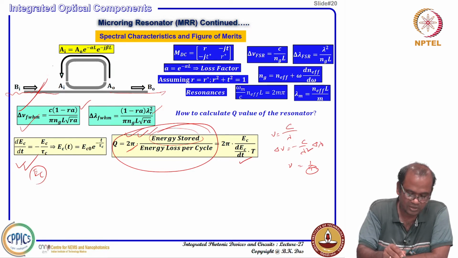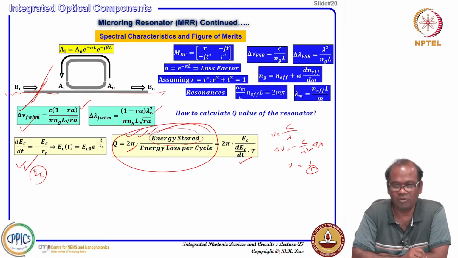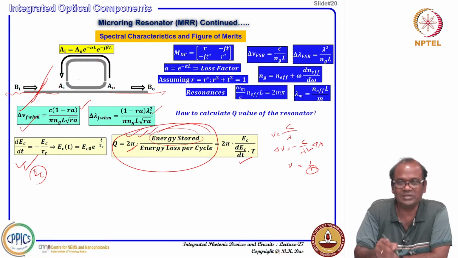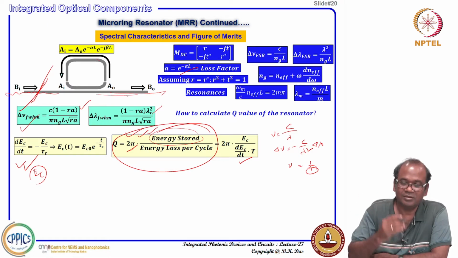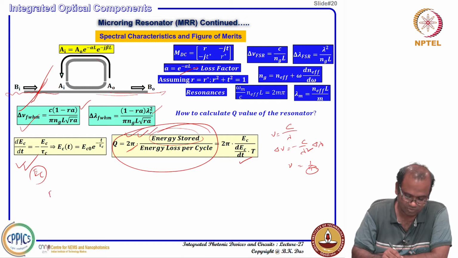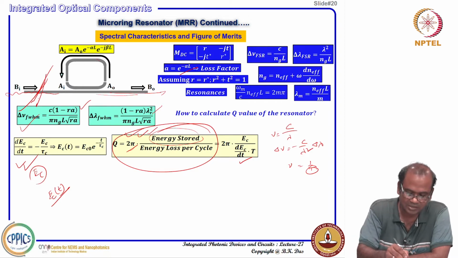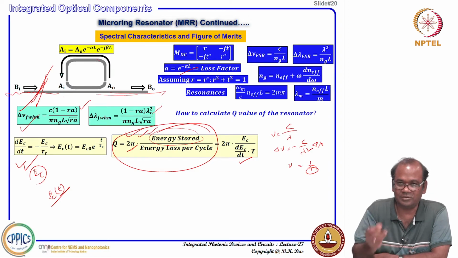You consider that this is suddenly stopped, then what would happen? The stored energy inside the ring will start losing because of the loss and also coupling to the bus waveguide again. So, slowly it will start losing. If EC is the cavity energy as a function of time, then at the instant you cut it, the energy will start losing inside the cavity, right.